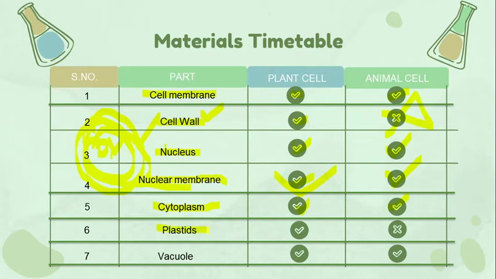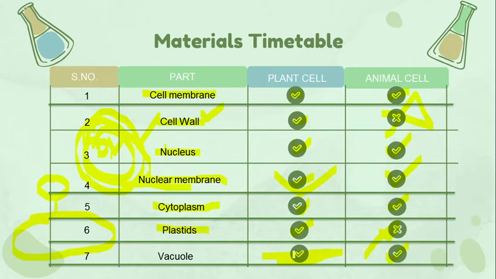Plastids. So we have learned that plastids are chloroplast, chromoplast, leucoplast. These three are present in plant cell but not animal cells. So tick for plant cell, wrong for animal cell. Vacuole. Vacuole is bigger in plant cells, smaller in animal cells, but it is present in both cells.